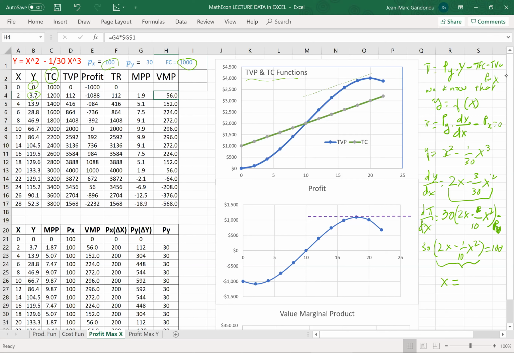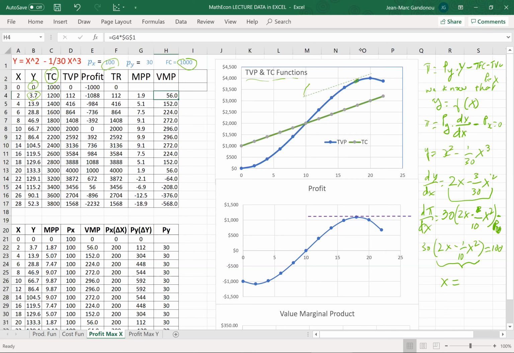So what is the optimum? This is the slope, okay? We are going to take the slope of the total cost and apply it to the total value product. Because again, revenue has to be equal to cost, so that slope has to be the same, and it will give us this point over here.